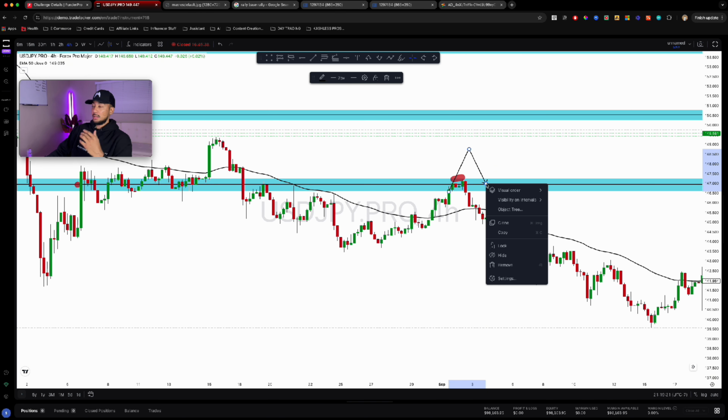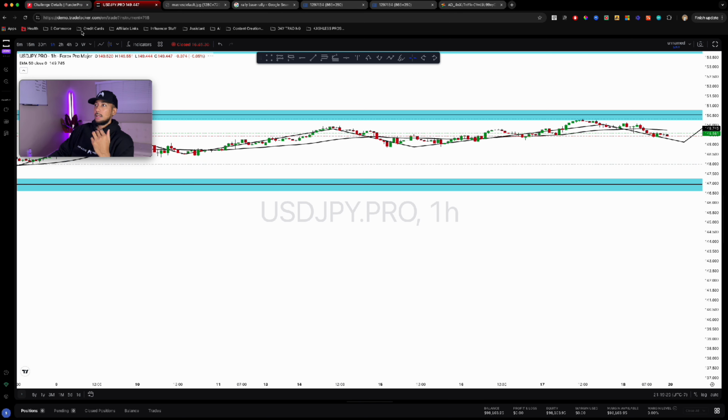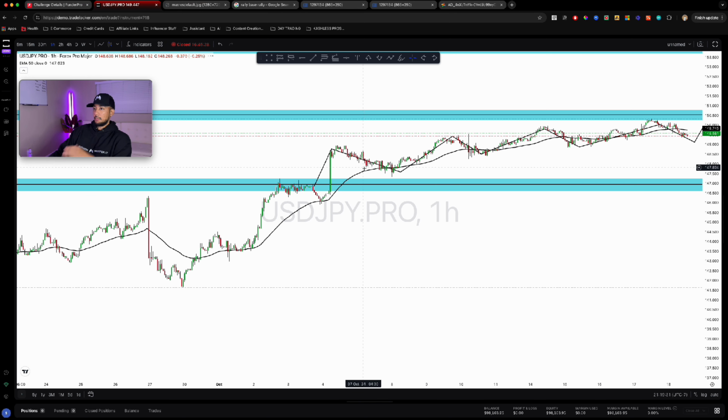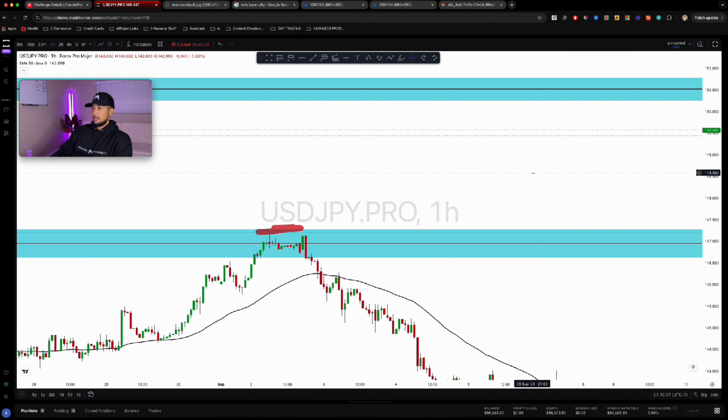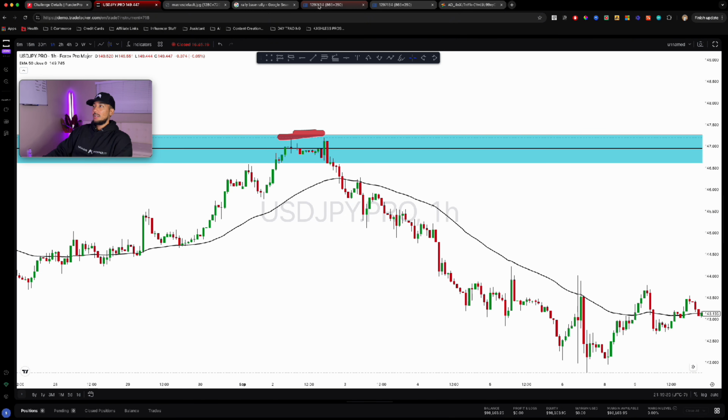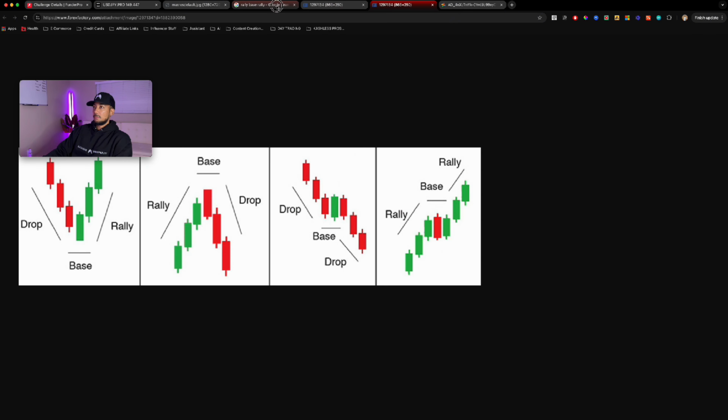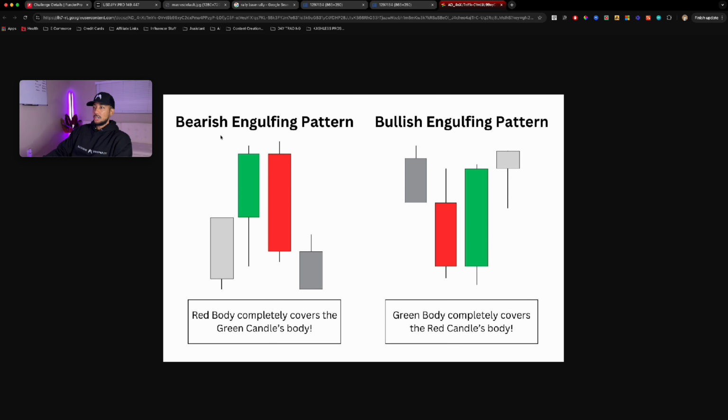We're seeing consolidation. So now that I see consolidation on a higher time frame, let's get more granular and look for that bearish engulfing pattern that I just showed you. Let's zoom in on it. We want to look for the bearish engulfing.